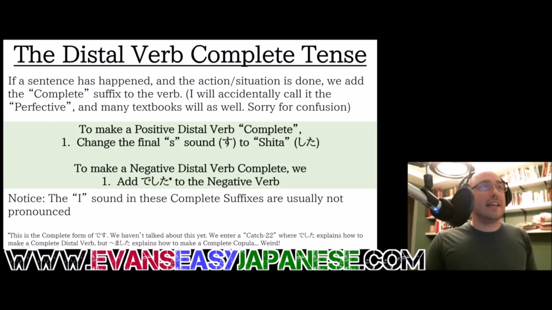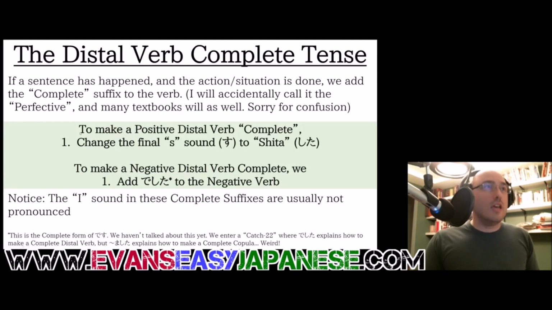So if the action or situation is done, a complete tense, we add the complete suffix to the end. I will accidentally call this the perfective. Sorry, it's just how I learned it. Many textbooks just call it the past tense, which is not accurate, so be careful if your textbook says that. It's probably still okay. They're just putting it in words that you understand.